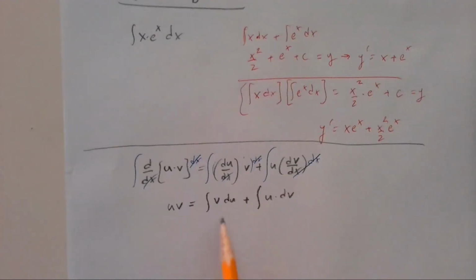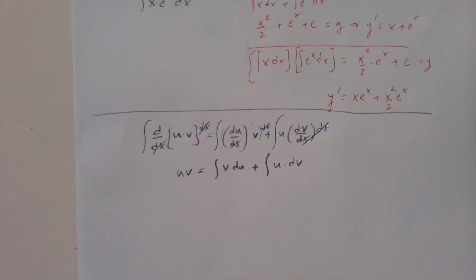Okay, so these are all being integrated, or I should say these are functions of x. So v and u are functions that we are integrating. Here this is du, but u is also a function of x.